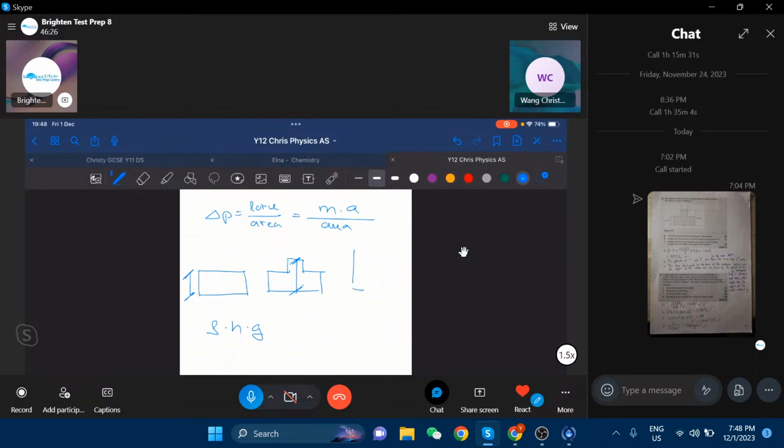So it would be higher like this. Would you agree that this one has the highest pressure? Yeah. Why? Because it has the highest height.